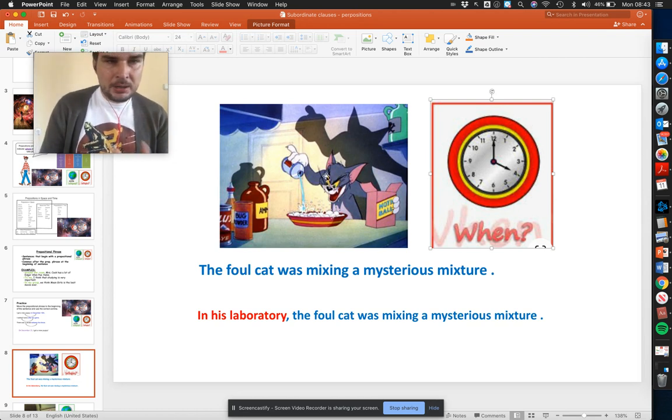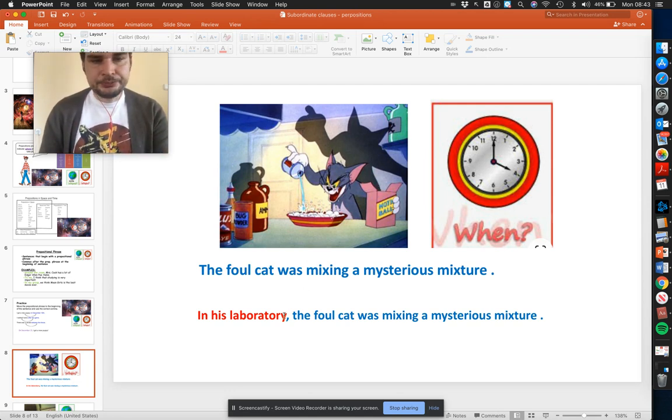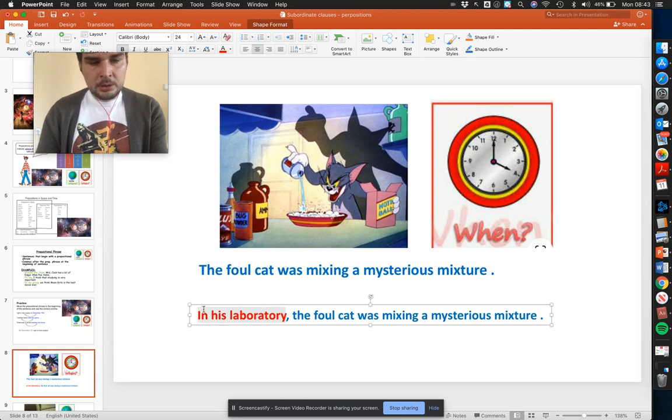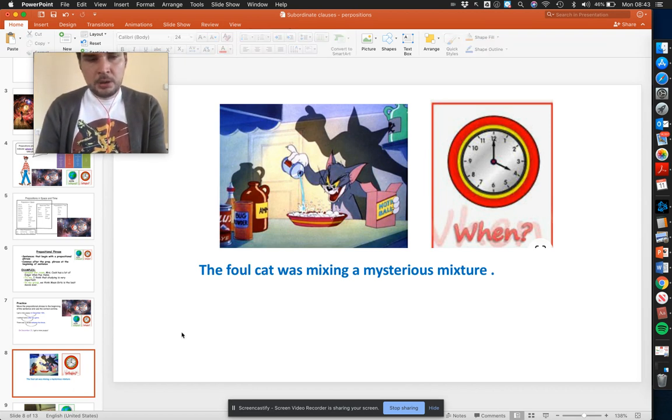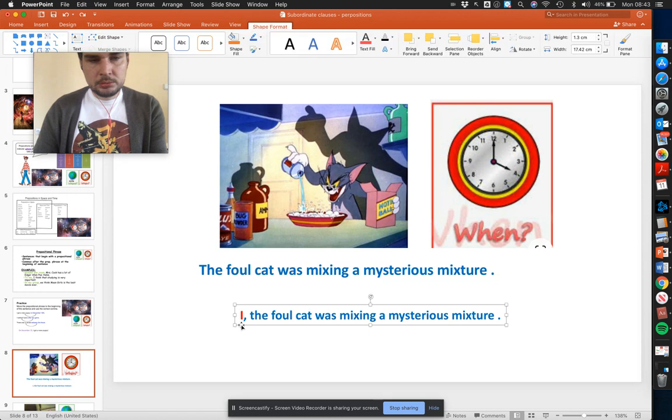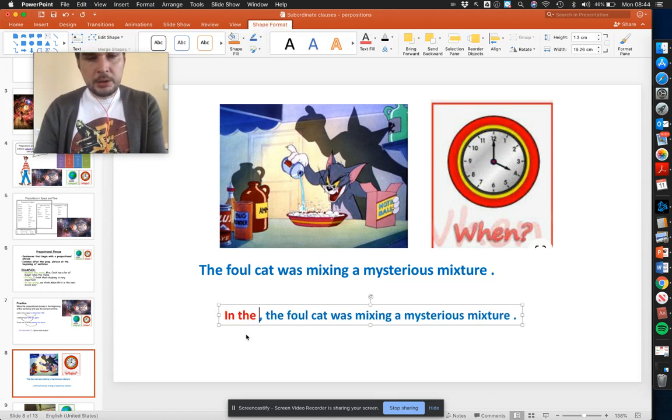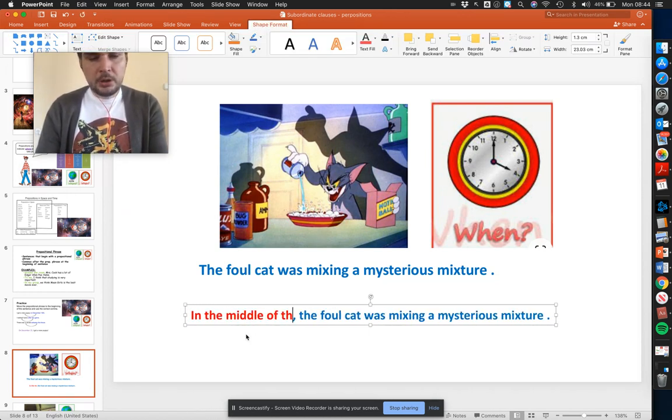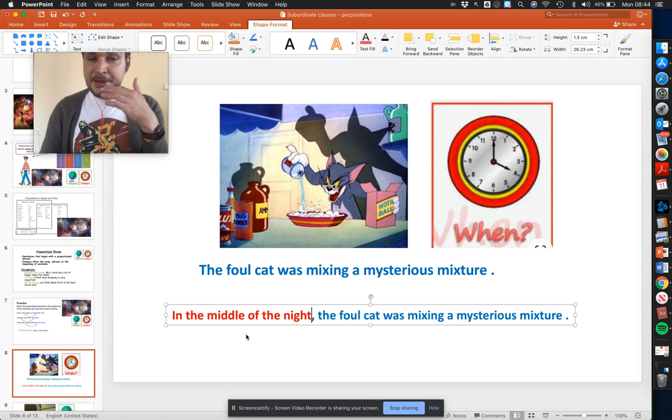I look at the picture and see a big shadow, light coming down, maybe it's night. So, in the middle of the night, the foul cat was mixing a mysterious mixture.